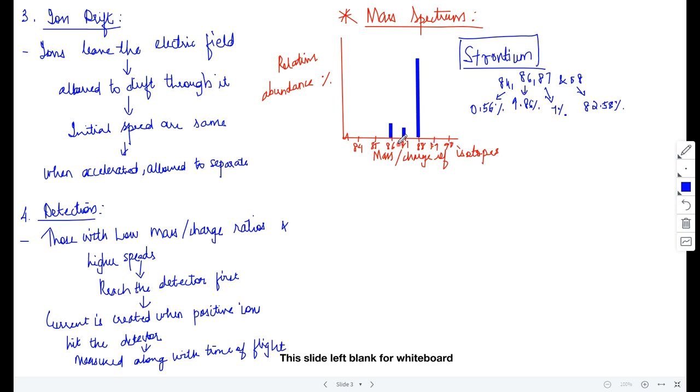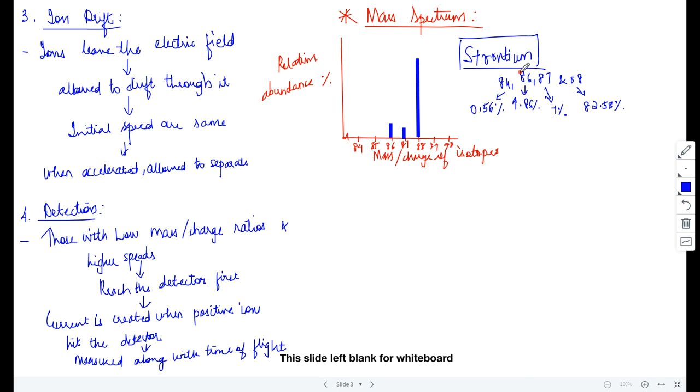So can you see the rise? 86 is 9, so it is going up. 87 is 7, so it is down. And 88 has the highest relative abundance, that is 82.58 percent. You understood the graph of strontium?